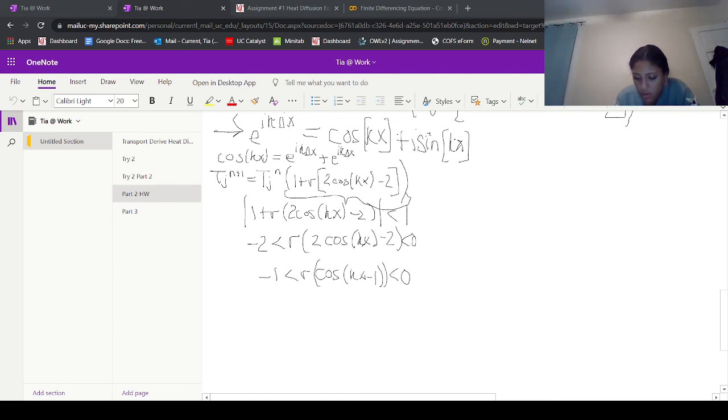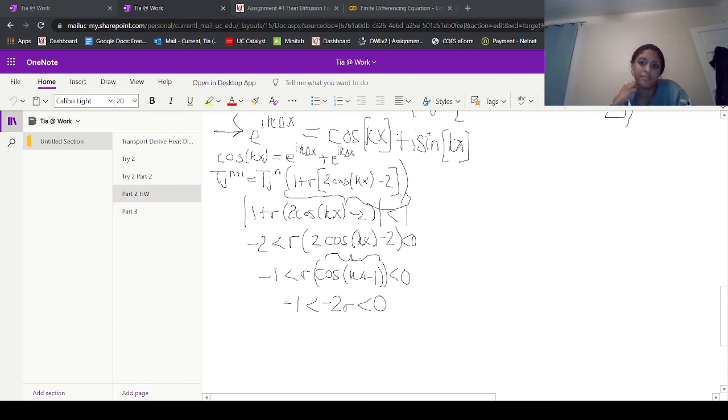It's 0, right? And this is always going to be somewhere between -1 and 1. And so then our next part is -1 is less than -2r is less than 0. And then we divide by -2 on both sides. My pen turned off again.